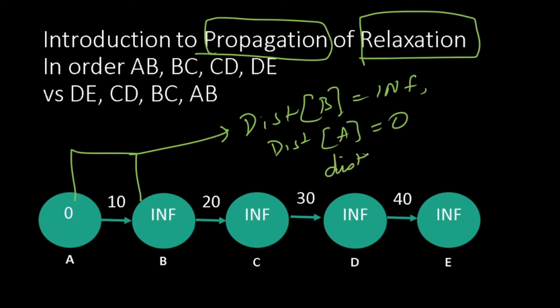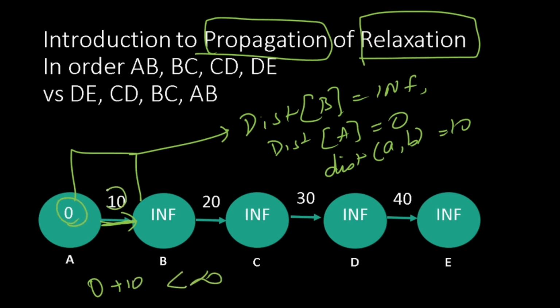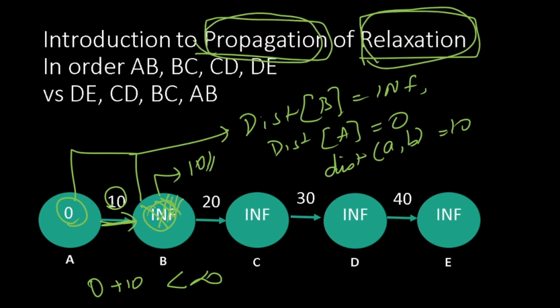And the distance due to this edge, edge AB, is 10. So what relaxation means is 0 plus 10 is less than infinity, so we simply rewrite it, we relax it to 10. This is called relaxation. And propagation of relaxation means what? You'll see that in a second.